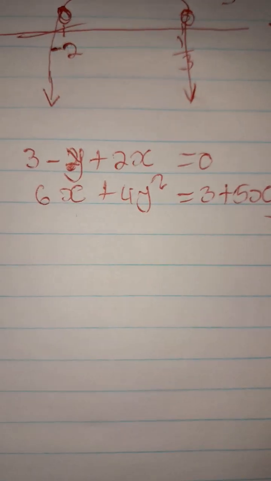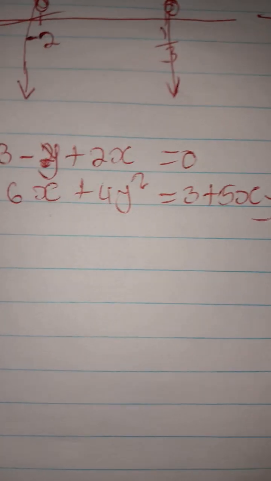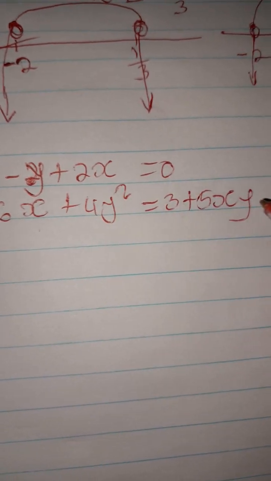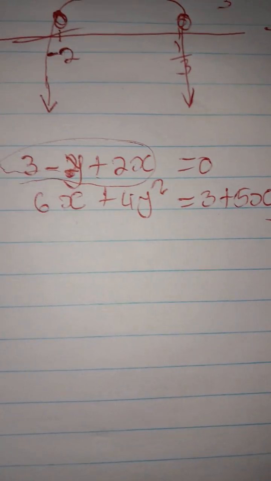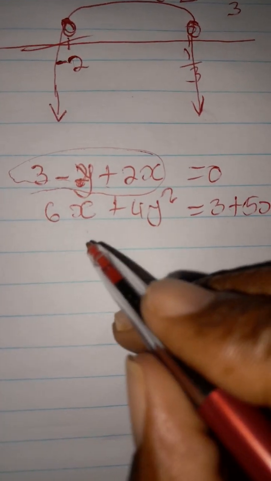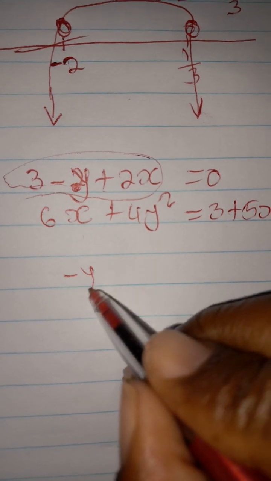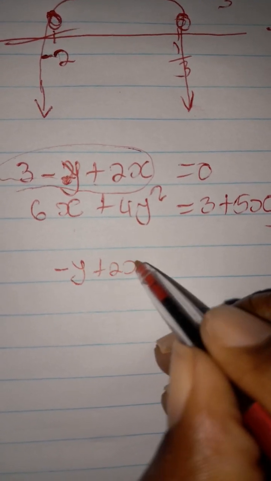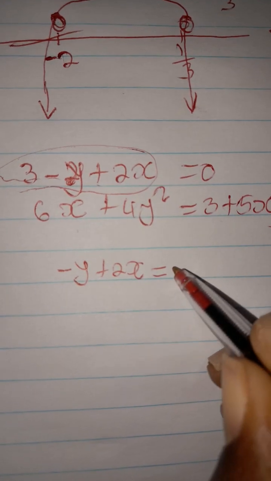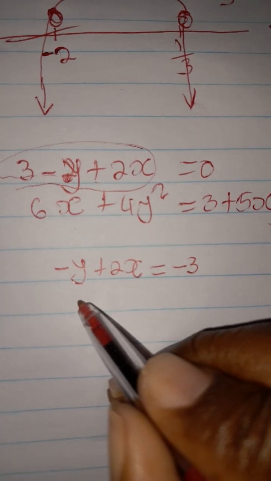In this case, we are going to solve for x and y. Firstly, we'll make this equation 2, and let's rearrange this so that we can make it equation 1. The best way is to first transpose 3 to the other side, that will be negative 3.